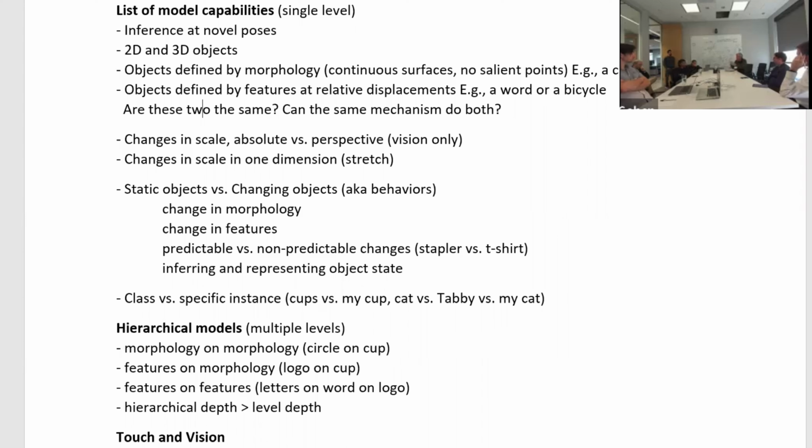You can sort of break off pieces along the way and say, hey, it's got the same set of features, but the arrangement is slightly stretched. That's one thing. Or you could say it's the same exact morphology, but a different set of features, or some combination of those. And you can put labels on, and so you can say, yes, that's a tabby versus a Siamese cat or whatever. But then you can also say, that's my tabby cat.